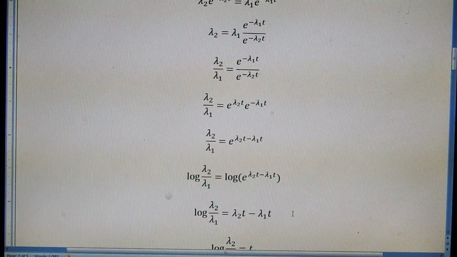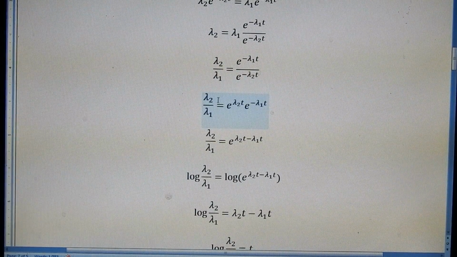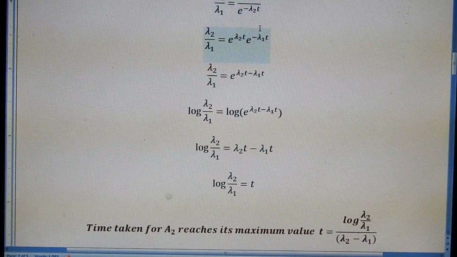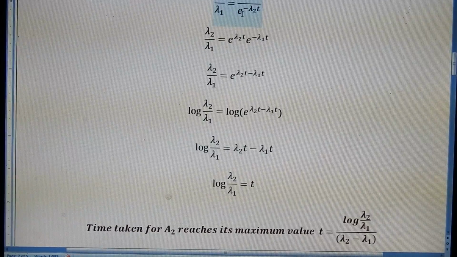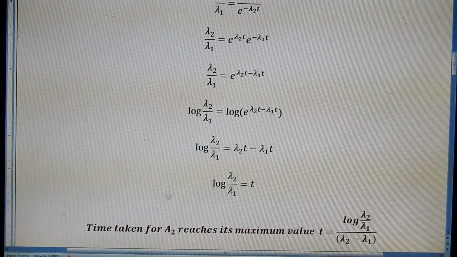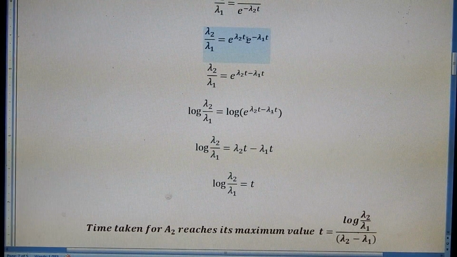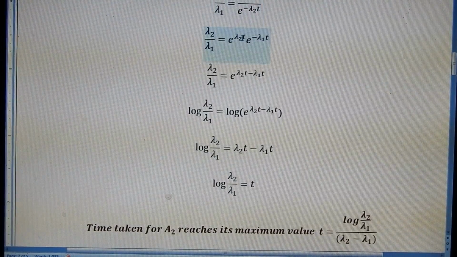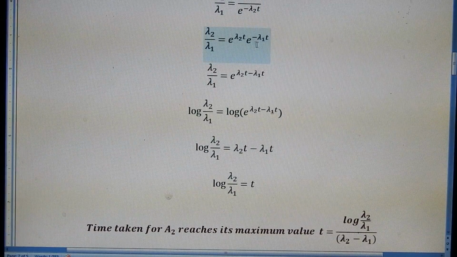Further, there is a small correction here. In the simplification, e power of minus lambda 2t is brought up to the numerator, so it becomes e power of plus lambda 2t, as written here.